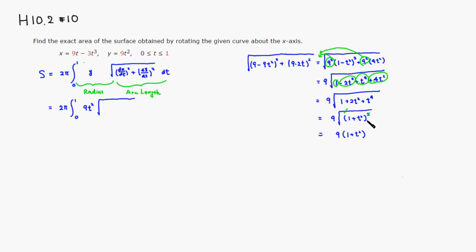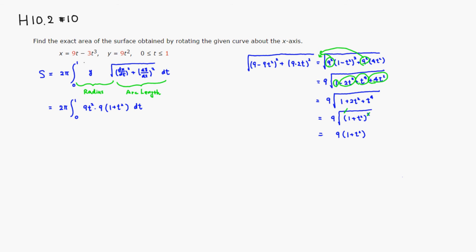So the square root is actually gone. So what you get is times 9, and then you have 1 plus t squared, with respect to t.